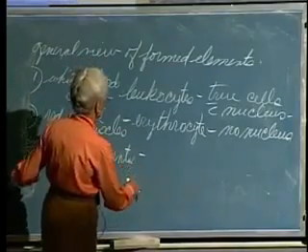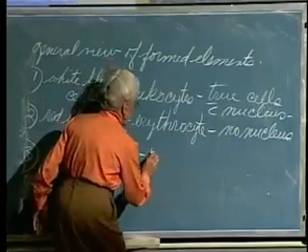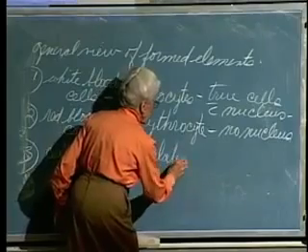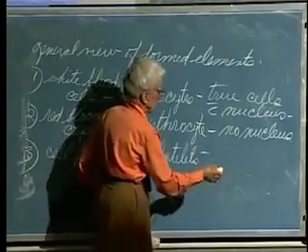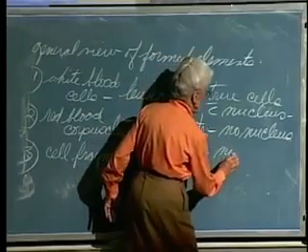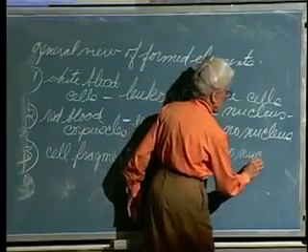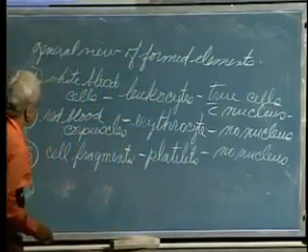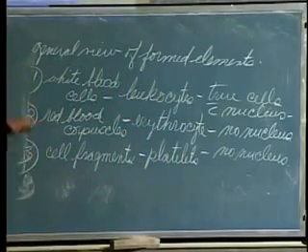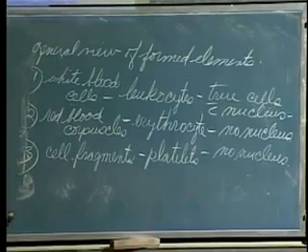So platelets come from a big cell, cytoplasm. But this is a platelet. And again, since they're from the cytoplasm, they have no nucleus. So as I said before, these three groups make up our formed elements.